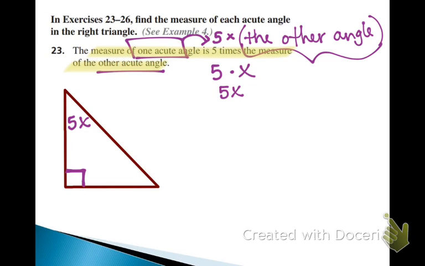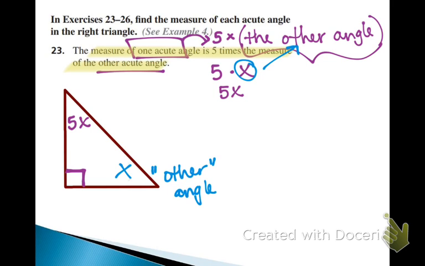So then here's the question. There are 3 angles in a triangle. We're told that it's a right triangle, so one of them is 90. One of them is 5 times the measure of the other. So then what do we call this other angle? Well, what did we call it here when we referenced the other angle? We called it x. So the angle that we don't have yet is actually going to be called x.